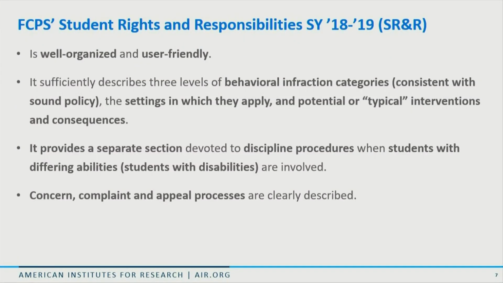Most sections of the students' rights and responsibilities that we reviewed are good. Okay, so now strengths and assets. We looked at the documents and compared to documents that we've seen in many places.